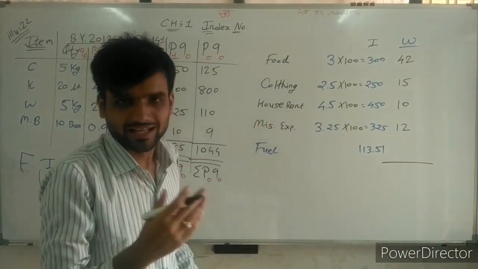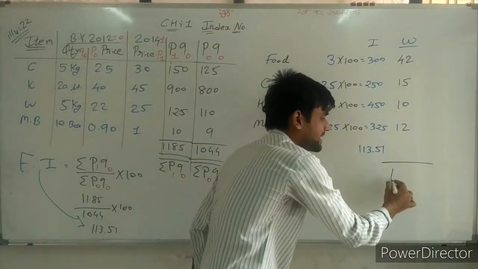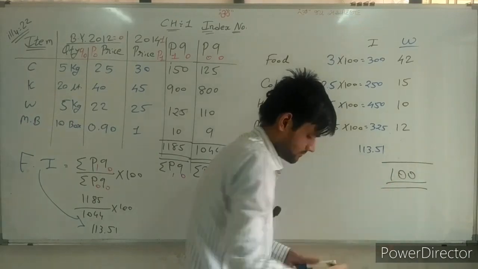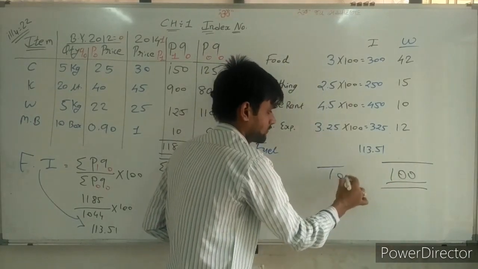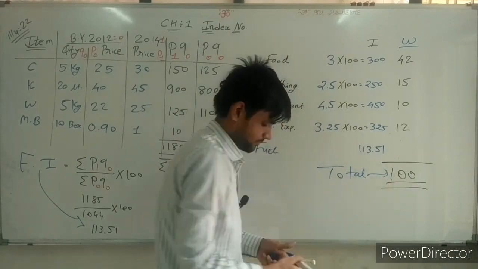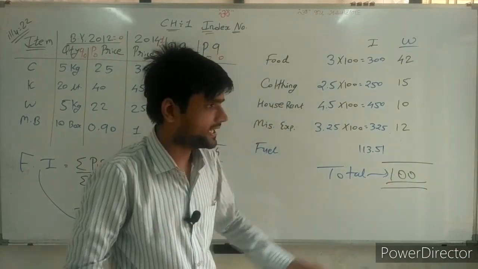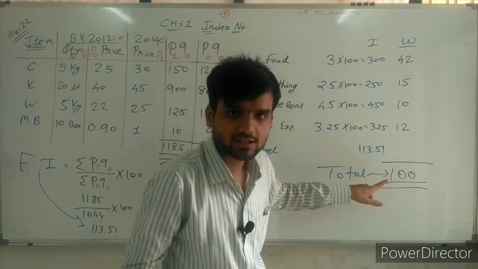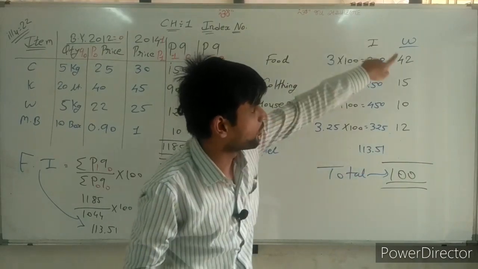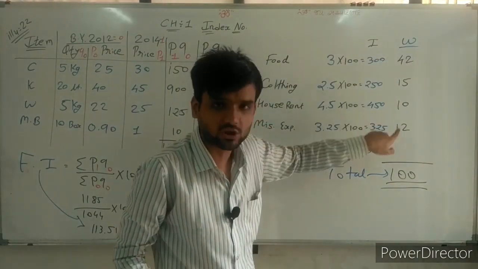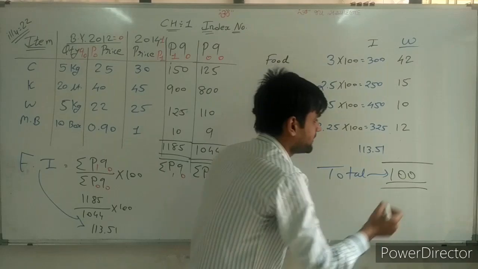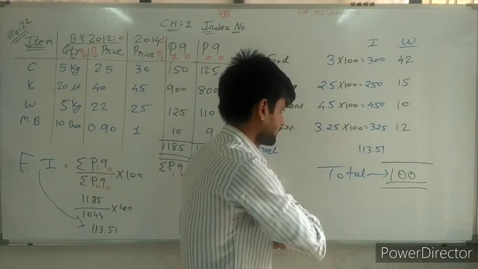Now for fuel, there is no information because only one item is remaining. In total they are spending 100%. From this 100%, they are spending 42 here, 15 here, 10 here, 12 here. So what about the remaining?